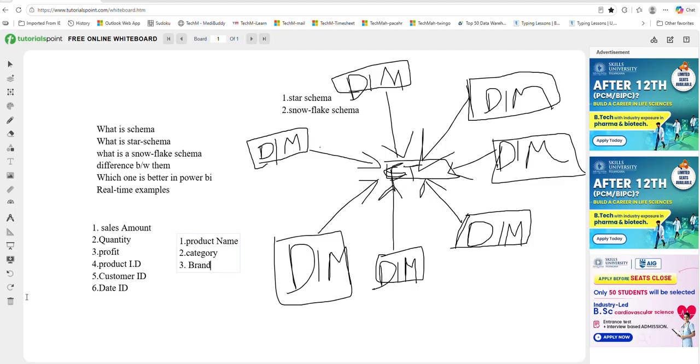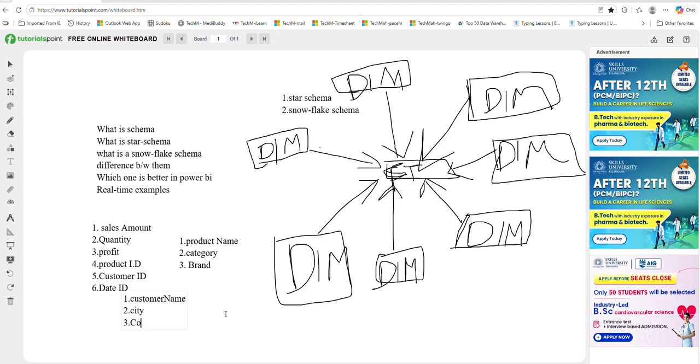and in customer table also you can take. Wait. In customer table we can take it like customer name, city, and country.